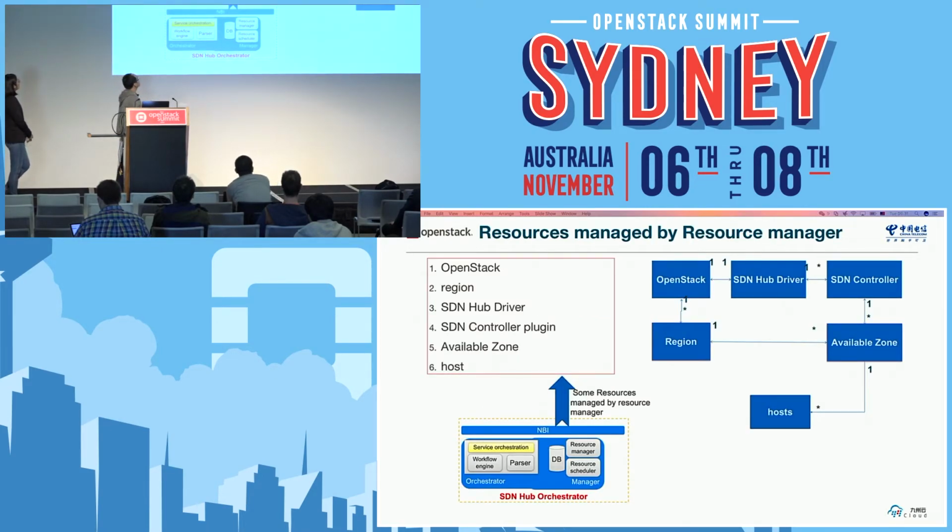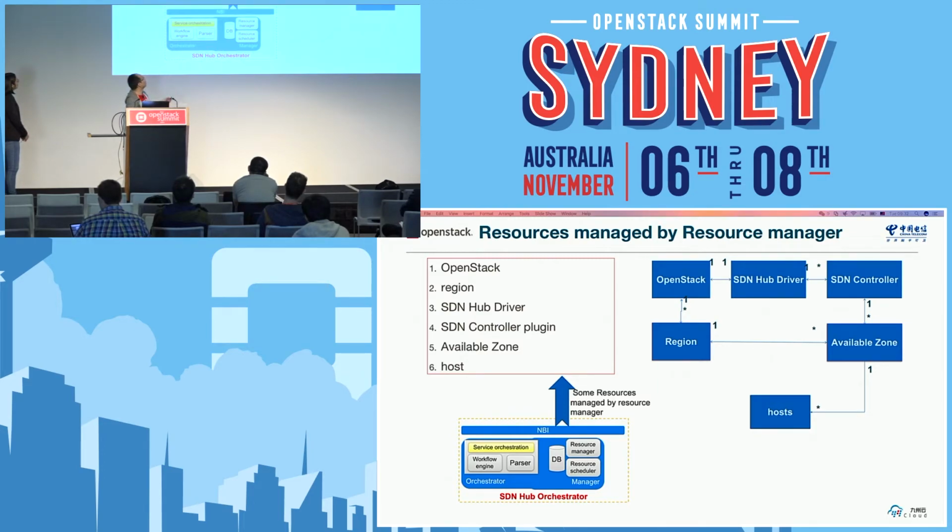Okay, this is the resource managed by the resource manager. This is our SDN Hub orchestrator. We have said that there are two parts. The first part is service orchestration, and the other part is about resource manager and resource scheduler. Some resources managed by the resource manager are OpenStack. We will have many OpenStack instances.